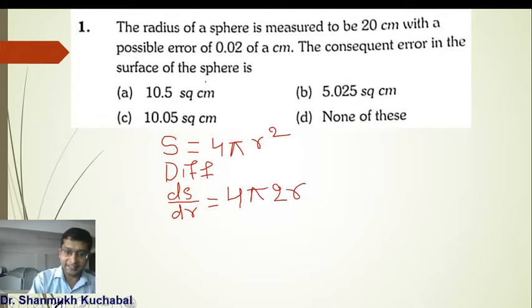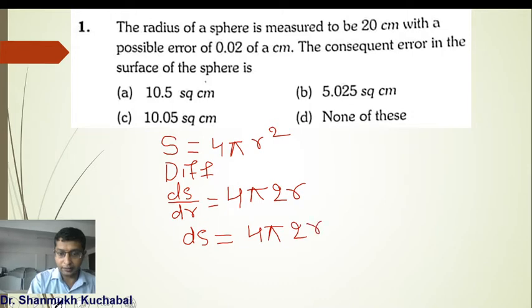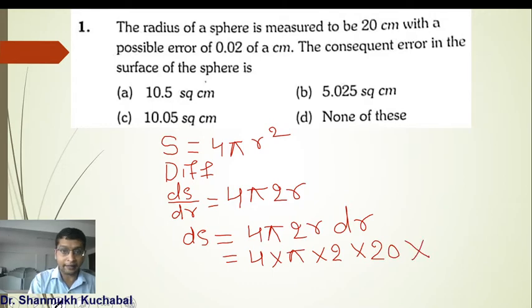This can be rewritten as dS, the change in the surface area, equals 4 pi into 2r into dr. Then we have to substitute all these values: 4 pi into 2, the radius is 20 centimeter, and dr is 0.02.